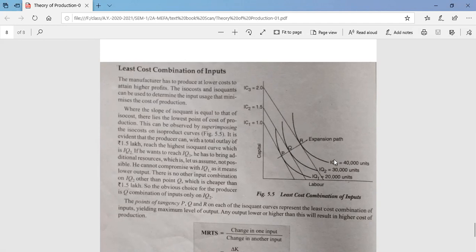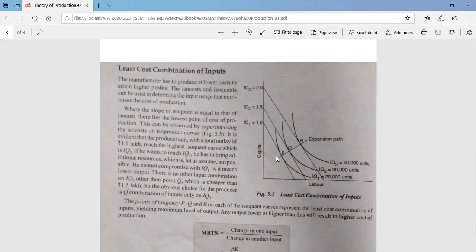This is the curve for the IQ3. That means producing a quantity of 40,000 units. They all are intersecting at some particular point. This ISO quant and ISO cost is intersecting at one point P. This one is intersecting at Q, this one at R.